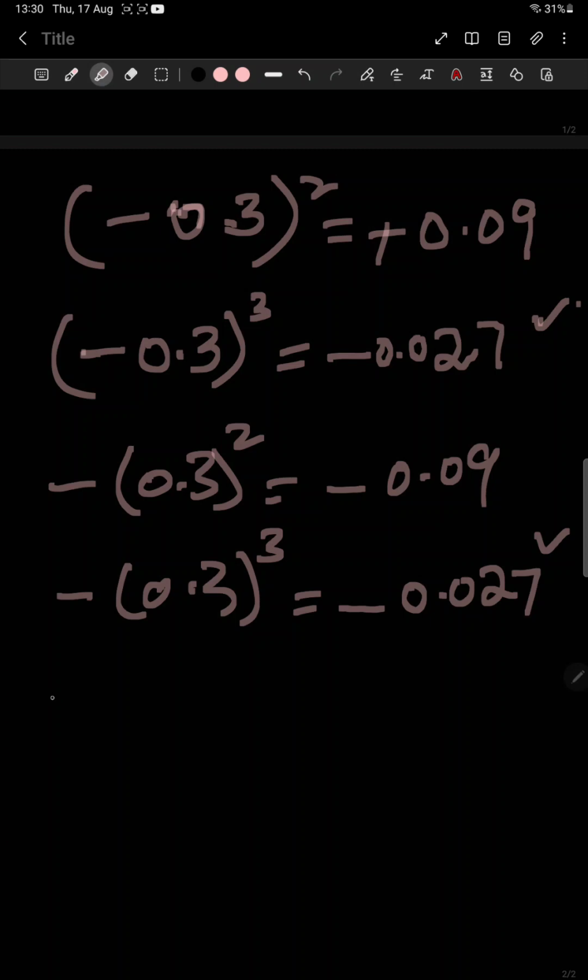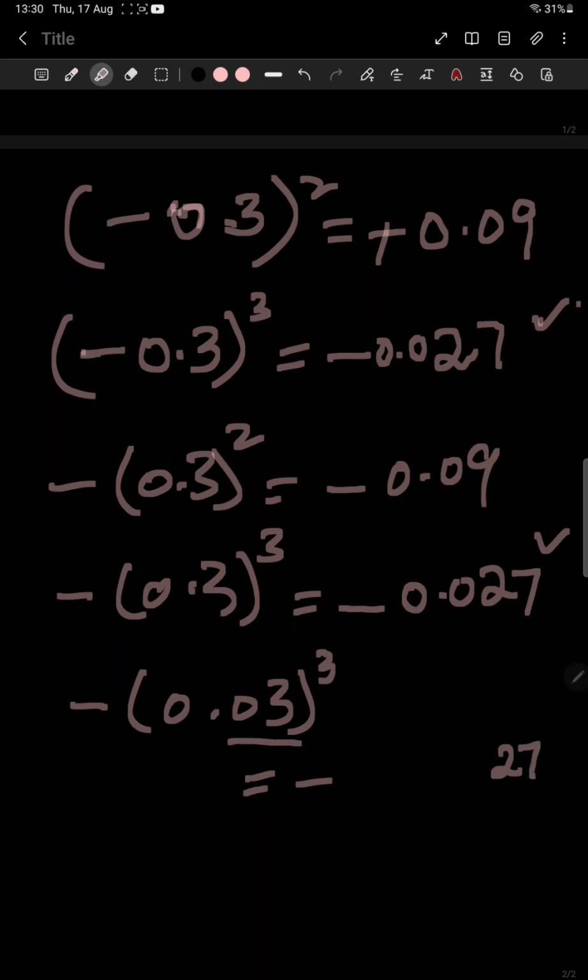If the number is, for instance, minus 0.03 cubed, now be careful about this. The answer will be negative because the negative sign is outside, it will remain the same. Now 3 threes are 9 and 9 threes are 27 will come over here.